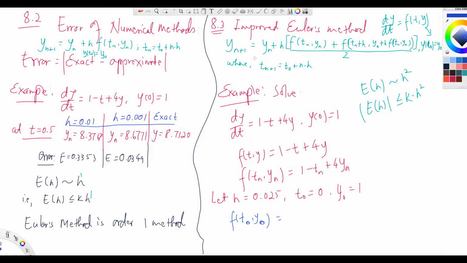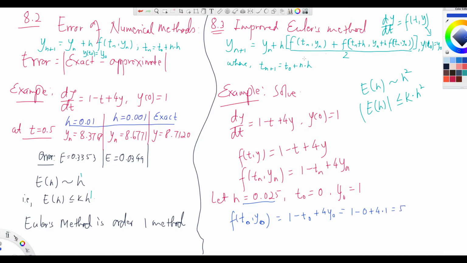If you want to find y1, you take n equals 0, and it gives y0 plus h times, where h is 0.025, f of t0, y0. Let's find f of t0, y0: 1 minus t0 plus 4y0. If you plug in those values, you get 5, because 1 minus t0, which is 0, plus 4 times y0, which is 1, gives 5, right?